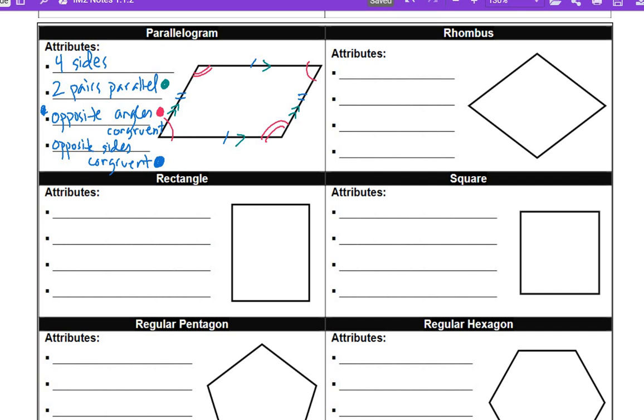Okay, next we have a rhombus. Again, we have 4 sides. We have 2 pairs parallel. Opposite angles are congruent. And the only difference between a rhombus and a parallelogram is that opposite sides are congruent, actually, all 4 sides are congruent.